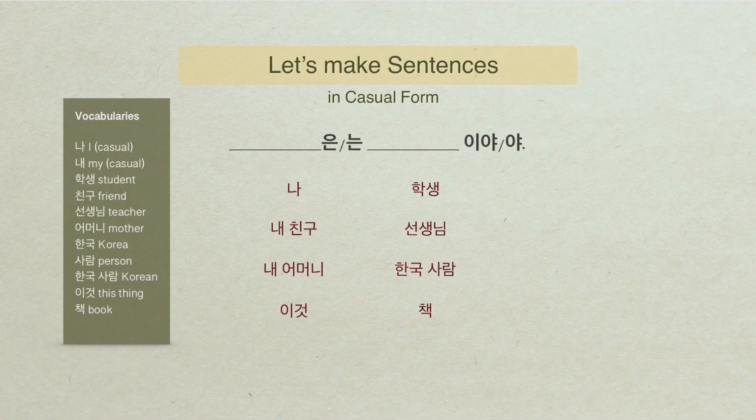We're gonna practice to make those three forms of sentences. The first one is a casual form. So the complete sentence is gonna look like this. 땡땡땡은 는 땡땡땡 이야 야. So first 땡땡땡 is gonna be the subject, right? So let's try to say I am a student in casual way.